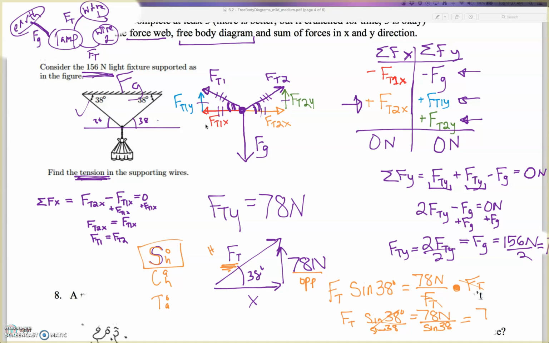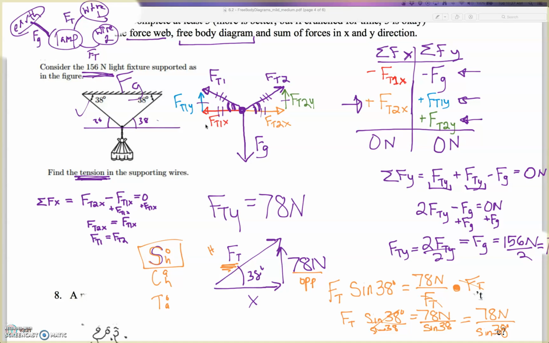So then I'm going to go ahead and plug that into my calculator, 78 newtons divided by sine of 38 degrees. I'm going to make sure that my calculator is in degrees rather than radians. If it says degrees at the top or something, it is.